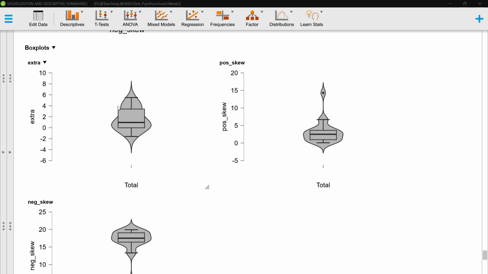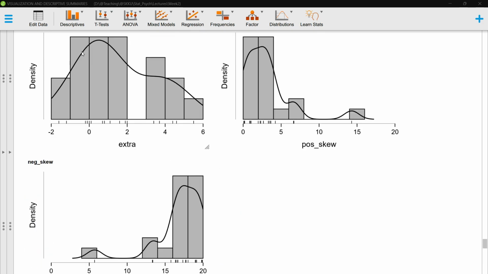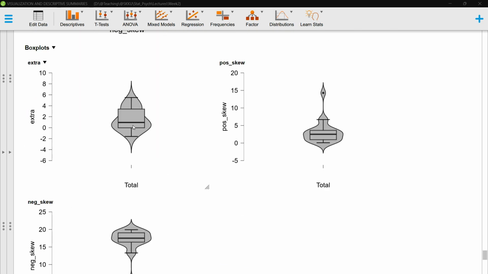Where is this shape from? It looks like a violin, but how can we draw this line, and based on what? It is actually from the density plot. You see here the density plot, and this is just the density plot from this to this.